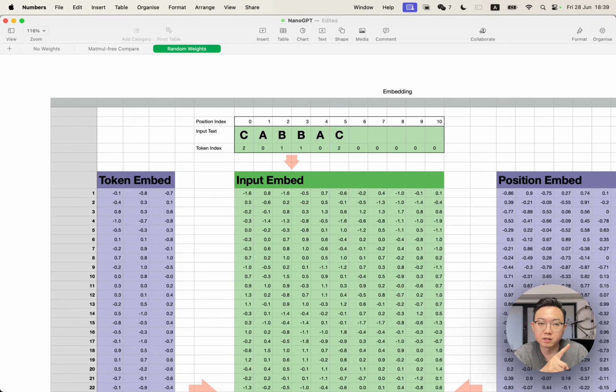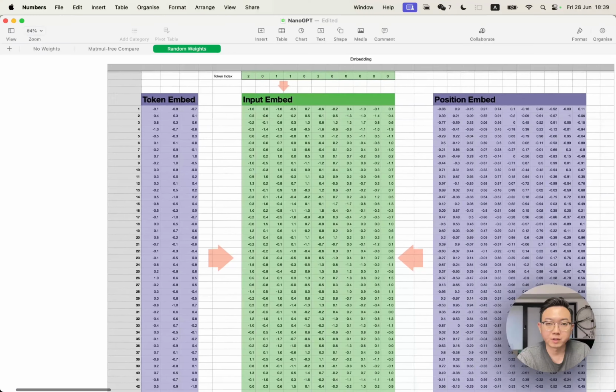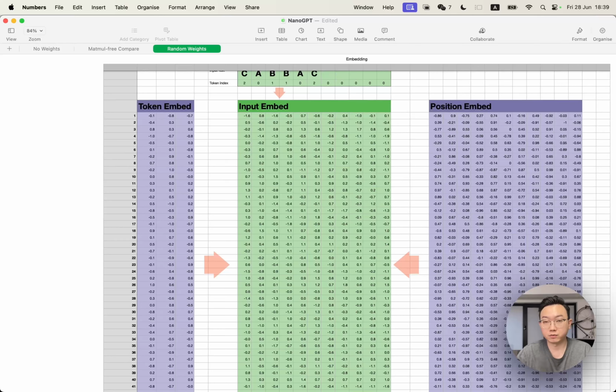The token embed is what we were just describing. They are parameters used to process the token index so that you can create this input embed, which represents its meaning for each letter. And then the position embed is also there to provide position information in the sentences.